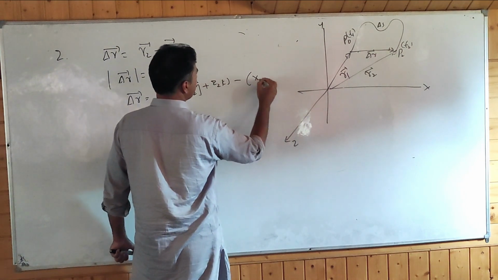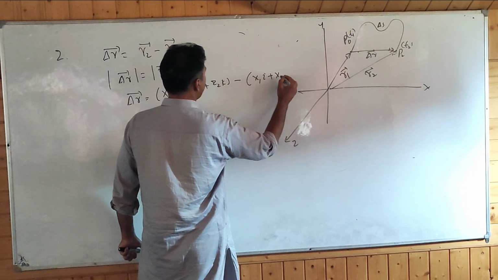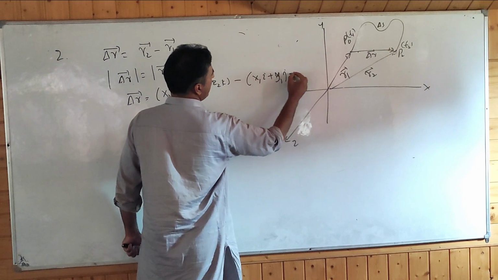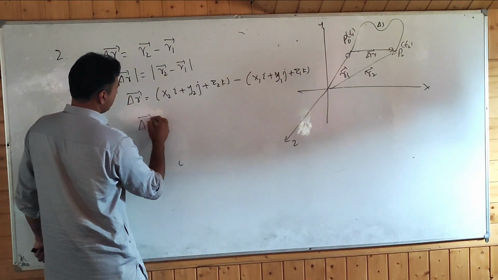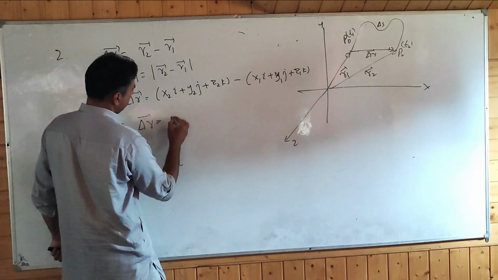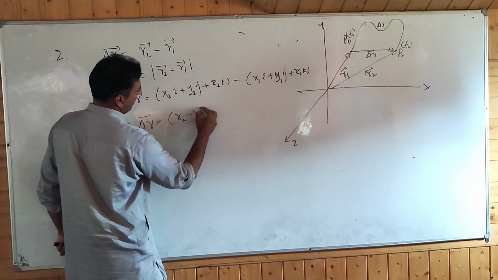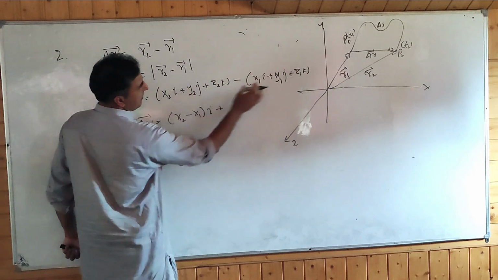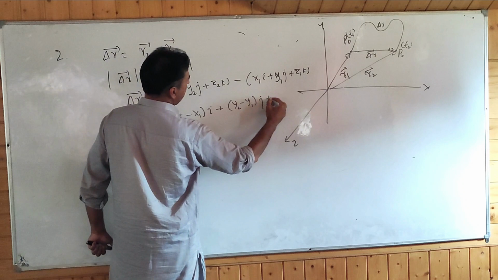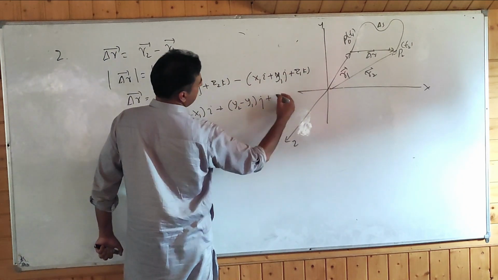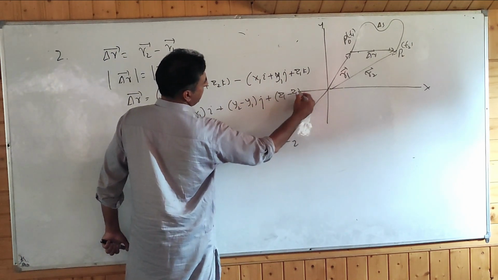That is x1 i plus y1 j plus z1 k. If you write it like this, delta R is equal to x2 minus x1 i plus y2 minus y1 j plus z2 minus z1 k.